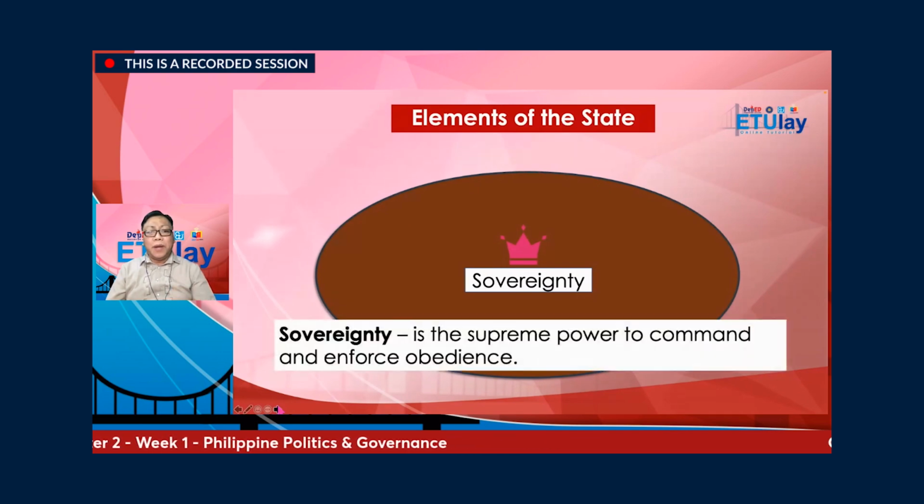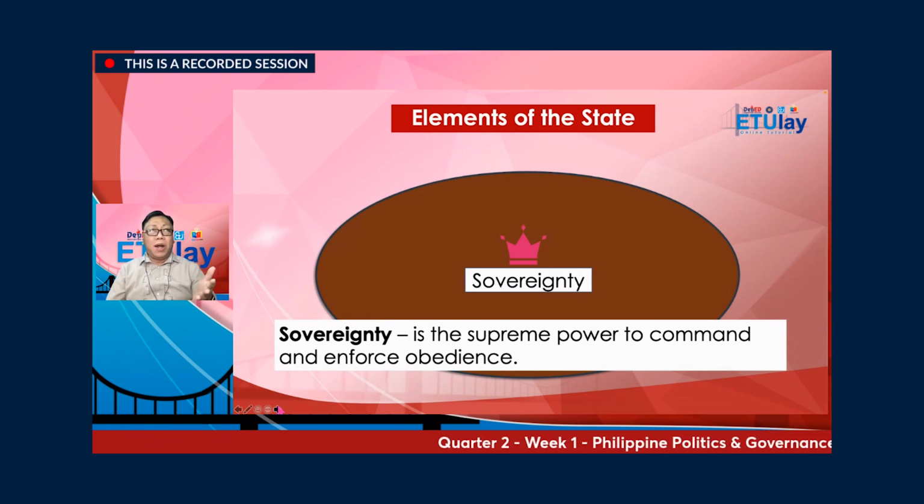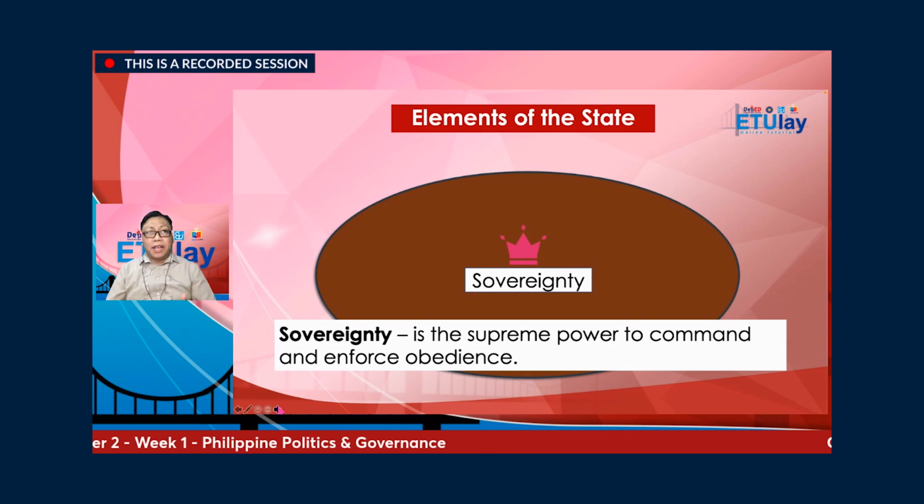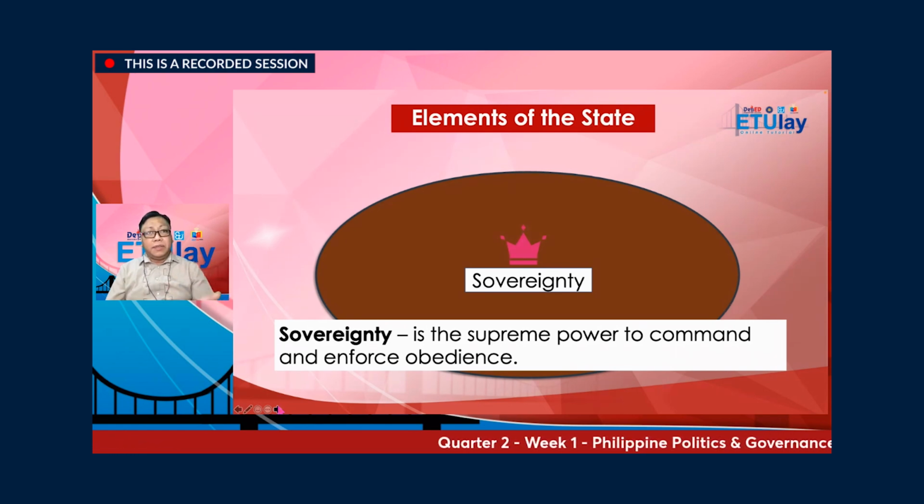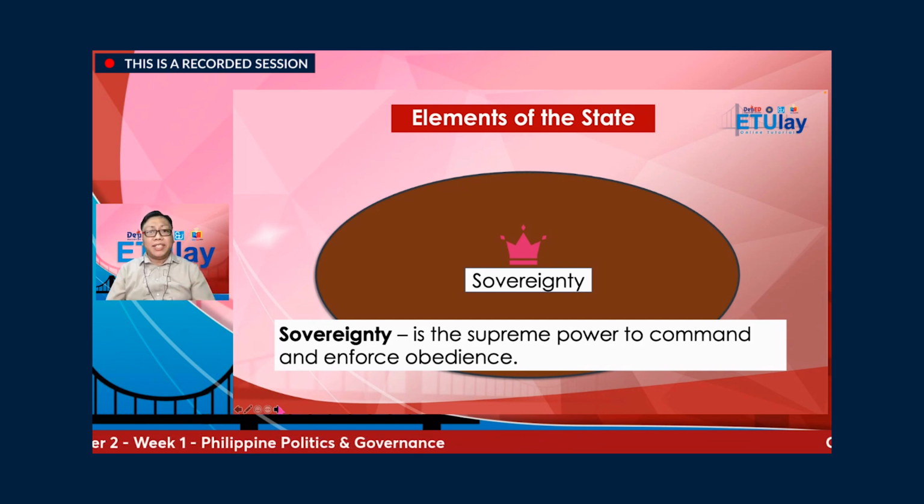Sovereignty is the supreme power to command and enforce obedience. Just like there are types of sovereignty, like monarchy, or led by kings and queens, or it can have a parliamentary procedure, particularly in the other countries, other democratic sovereignty. Just like the Philippines, the sovereignty resides on the people.